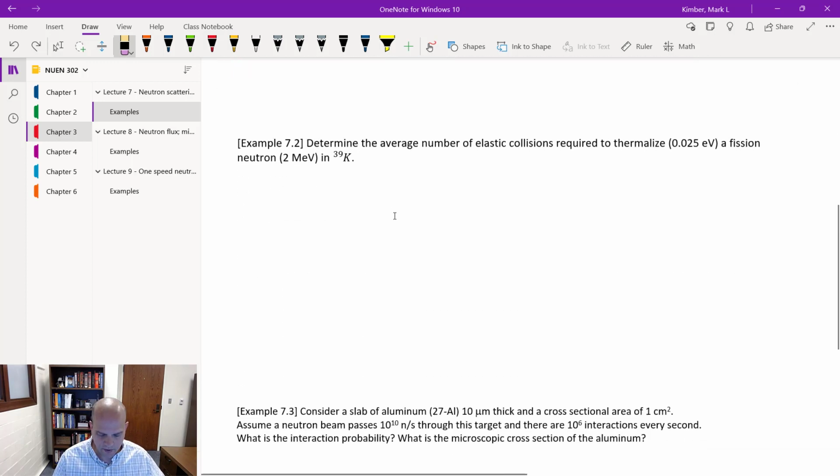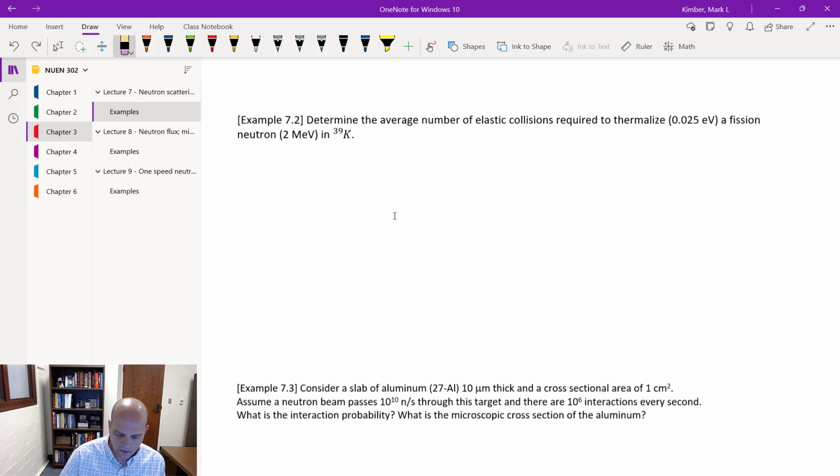So for example 7.2, we want to look at the average number of elastic collisions. This is our N. Required to thermalize, so that is going to be our E final. A fission neutron, that is our E initial. And in this case, we're looking at potassium-39 as our target, and so we have A equal to 39.